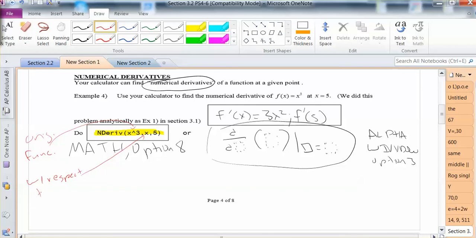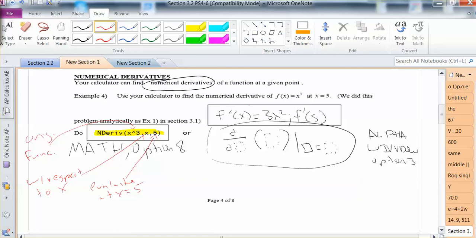So with respect to x, that will make more sense when we get later in this chapter. But you do have to let the calculator know that you're taking the derivative with respect to x. And then, of course, this is what we're going to evaluate at x equals 5.